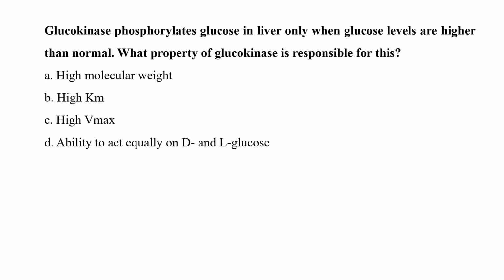It is only possible if hexokinase 4 or glucokinase has a low affinity for glucose and needs higher concentration of the substrate to function. Lower the Km value, higher is the affinity of the enzyme. So the property of glucokinase responsible for this particular phenomenon is its high Km value. So the correct answer is option B.